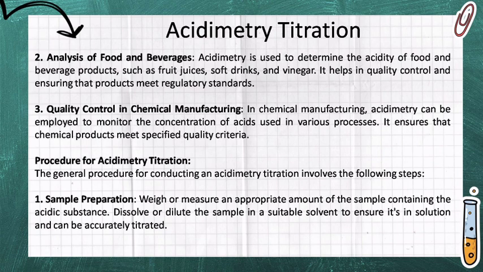Next, procedure for acidimetry titration. The general procedure for conducting an acidimetry titration involves the following steps. First, sample preparation. Weigh or measure an appropriate amount of the sample containing the acidic substance. Dissolve or dilute the sample in a suitable solvent to ensure it's in solution and can be accurately titrated.